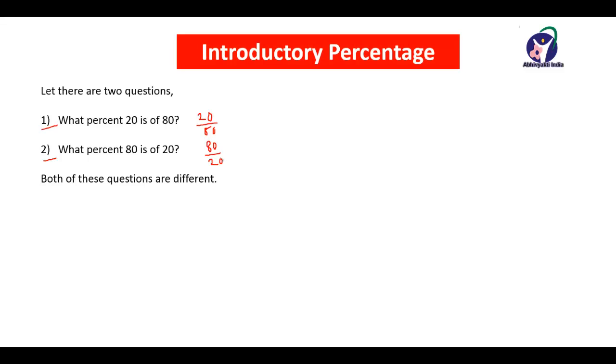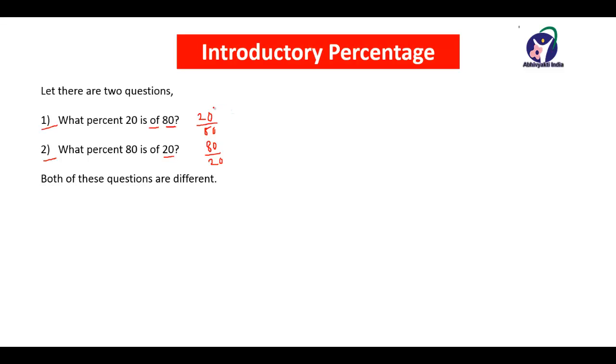But there will be a difficulty in understanding when to take 80 as the denominator and when to take 20 as the denominator. It is very easy to solve. Here in the question you will see "of" is followed by a number. In the first case it is 80, and in the second case "of" is followed by 20.